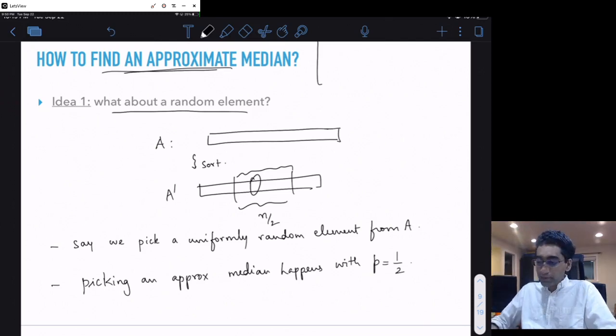This is a super simple algorithm: it just takes constant time. You just have to pick a random index between 1 and n. But the catch is that it doesn't always succeed. It only succeeds with a probability of a half.